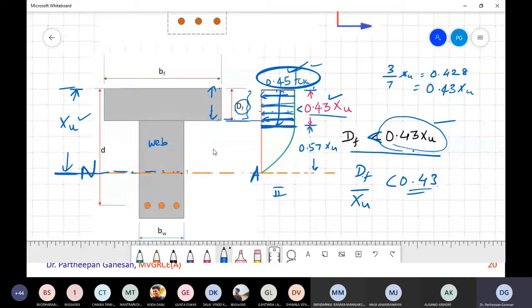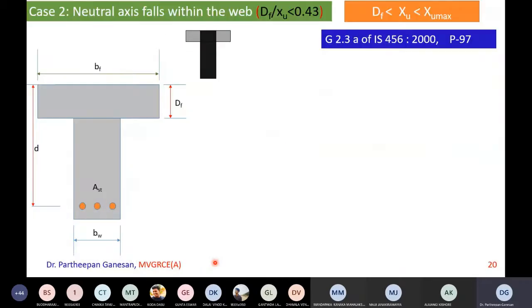Okay, it is there in the form of a T shape. But what we have studied so far is only the rectangular section. Now we will see, if the neutral axis falls within the web, that is Df by Xu less than 0.43, how to find the neutral axis depth as well as the moment of resistance.